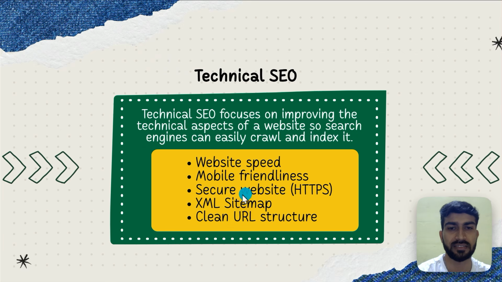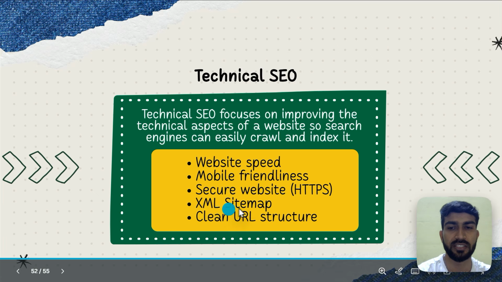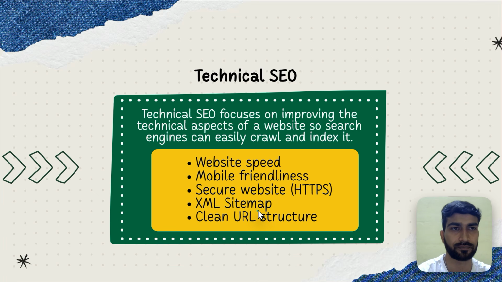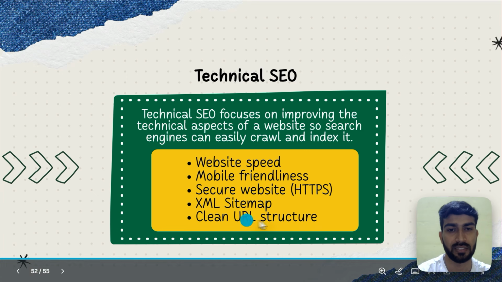That is why a sitemap is very important. We generally use Google Search Console for this. On Google Search Console we can submit the sitemap so that Google can crawl our website properly.